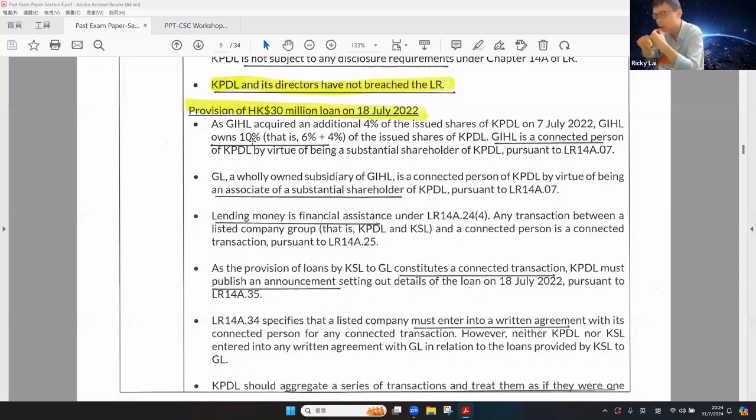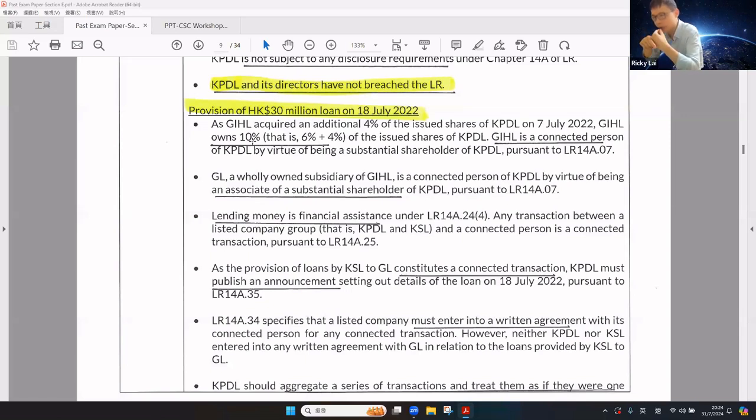According to the listing rule, a substantial shareholder is a connected person. So GIHL is a connected person of the listed company by virtue of being a substantial shareholder of the listed company. And GL, as a wholly owned subsidiary of GIHL, is a connected person of the listed company by virtue of being an associate of a substantial shareholder of the listed company.